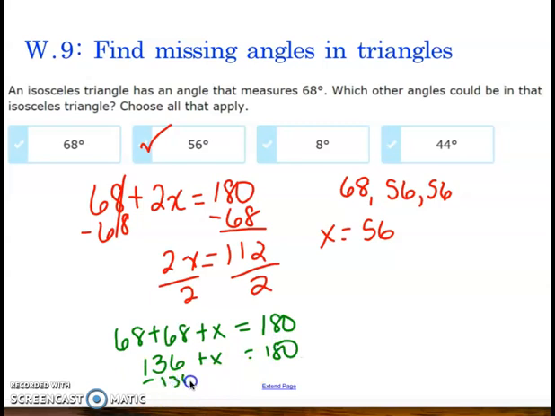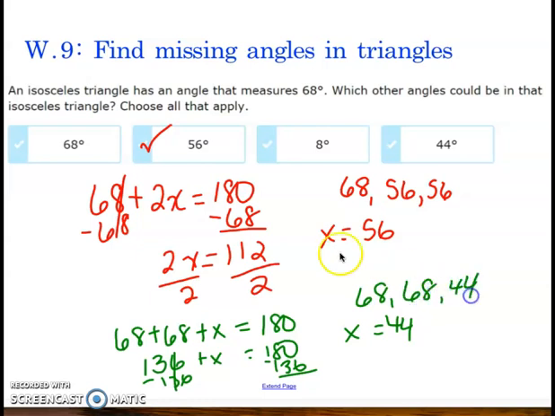I subtract 136 from both sides and I get x to equal 44. So in this case, I could have a 68, 68, and 44. So 68 is a possibility and 44 is a possibility. You have to be careful and you have to check.